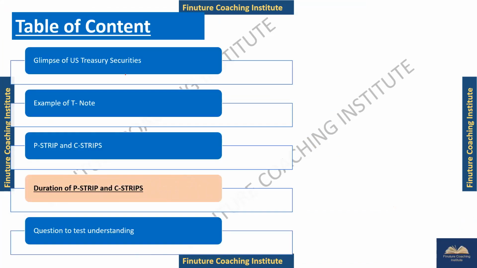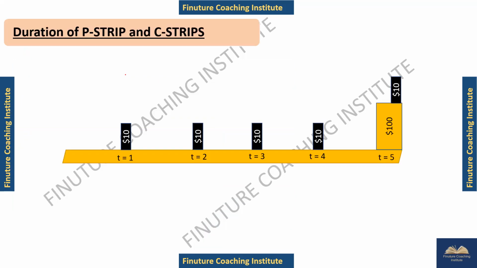Let's see the duration of P strips and C strips. It's a bit important because in the exam, GARP has a tendency to test multiple concepts in one question. Before we look at the duration of a P strip and a C strip, we need to understand what exactly the duration of a normal bond means.